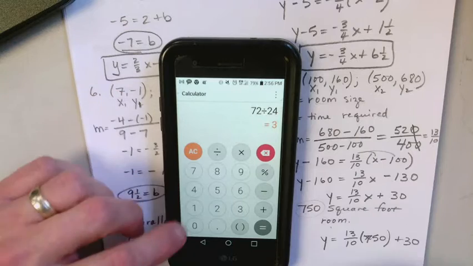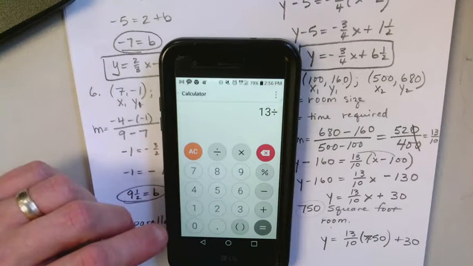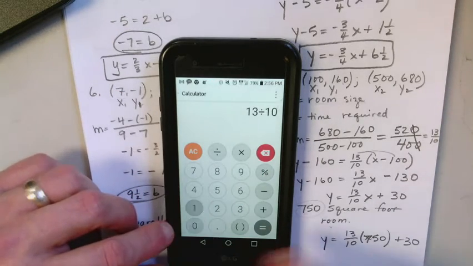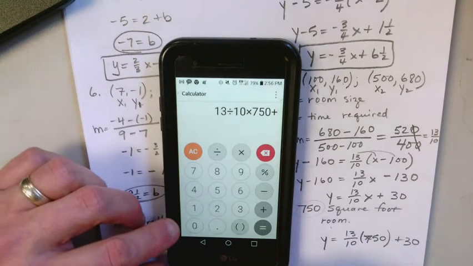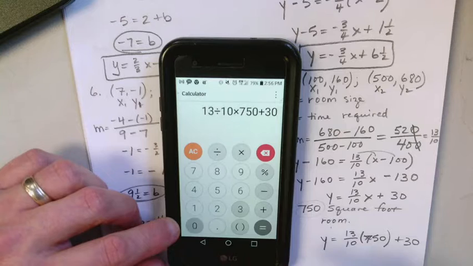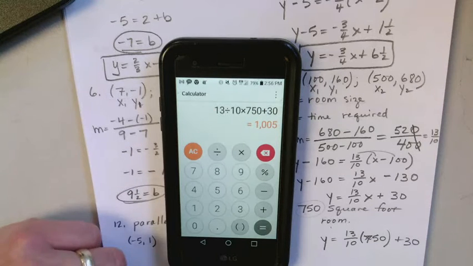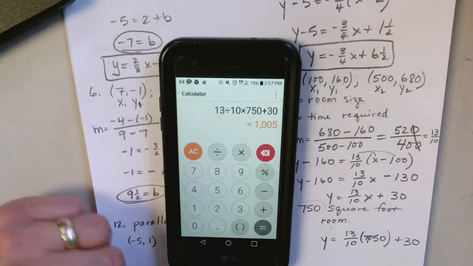Here's what I have. 13 divided by 10 times 750 plus 30. 1005.